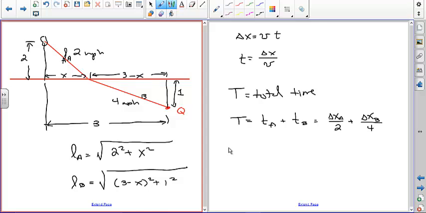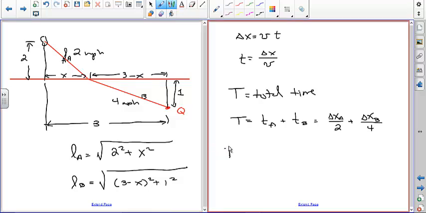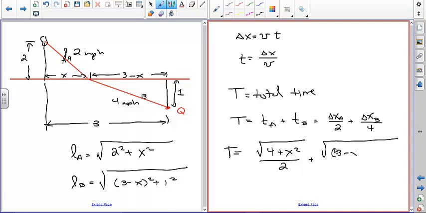So now you can stick those into your total time, the thing we're trying to minimize. So we'll have the square root of 4, since 2 squared is 4, plus x squared, divided by 2, plus the square root of (3 minus x) squared plus 1, all divided by 4.